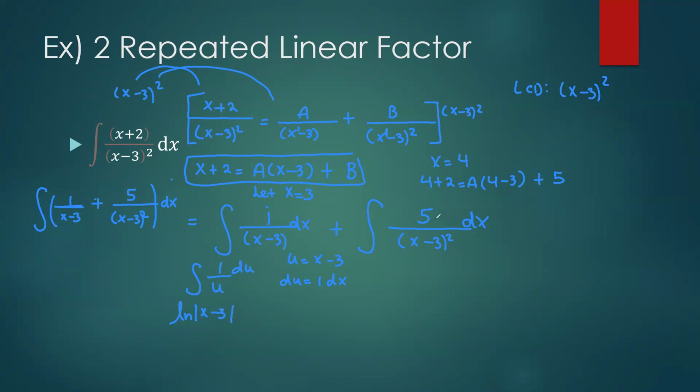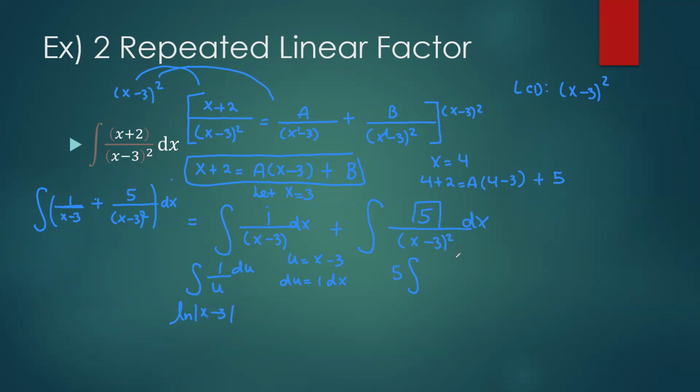Okay, now let's do this part. How do we take the integration of 5 over x minus 3 squared dx? Well, 5 is a constant, so whenever I have a constant, I put it outside the integration. So I'm going to put 5 outside.